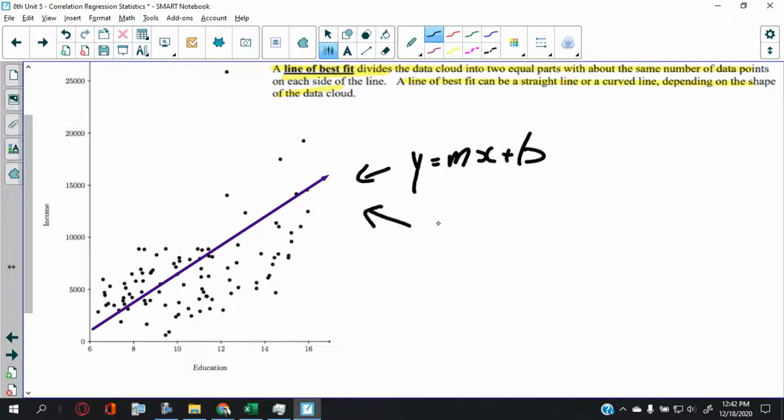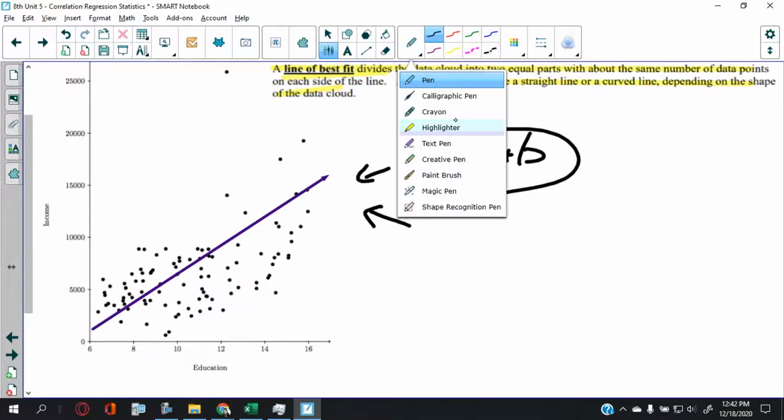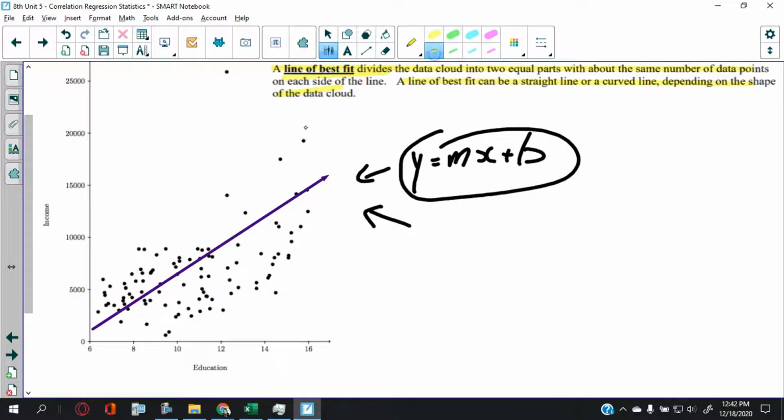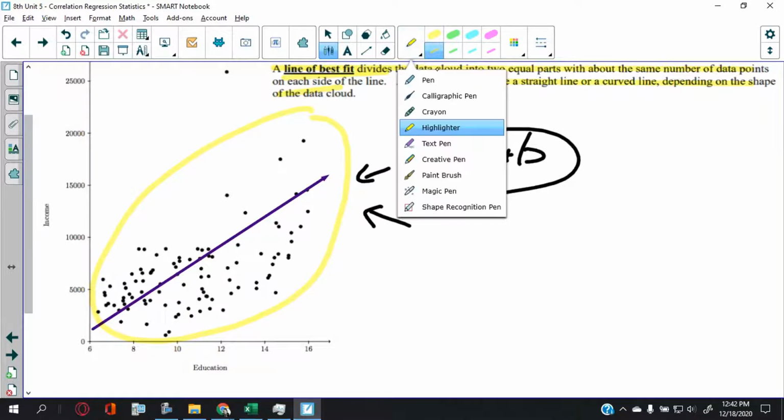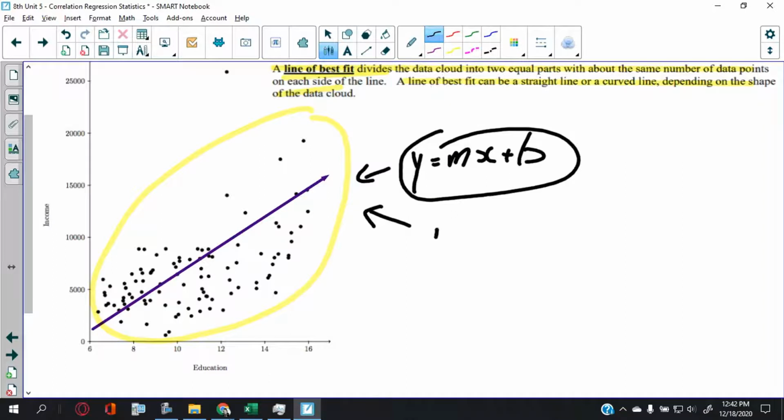Let me just get this out of the way. Because if you can derive this equation from this set of data, via a line that goes through these points of the best fit, then you could make more predictions in the future.